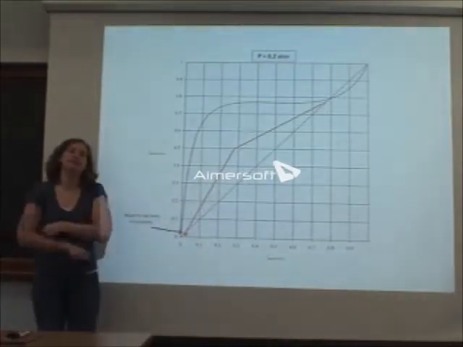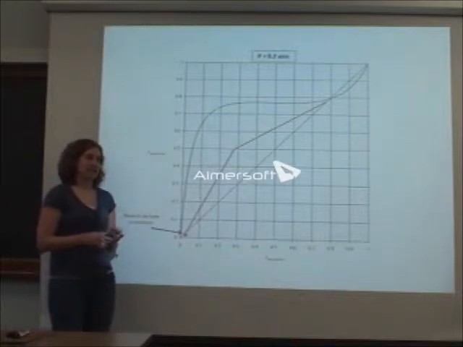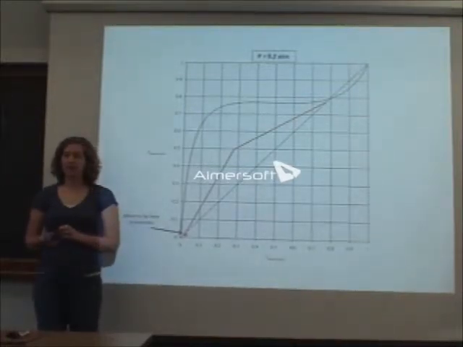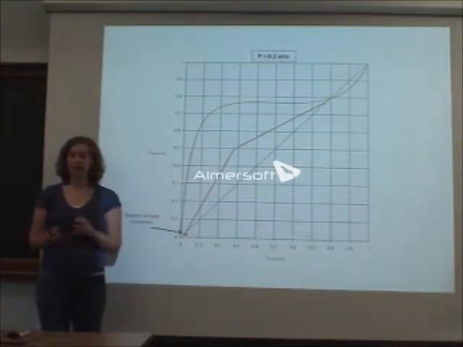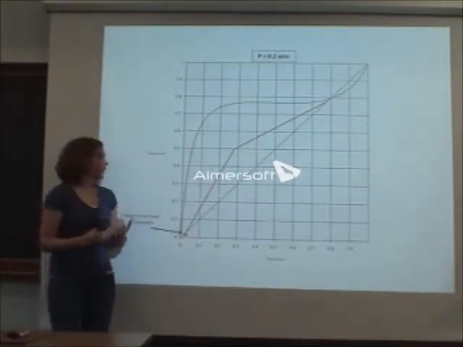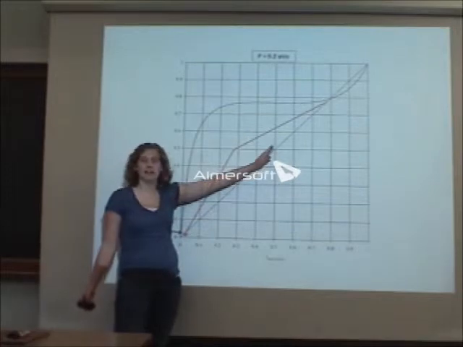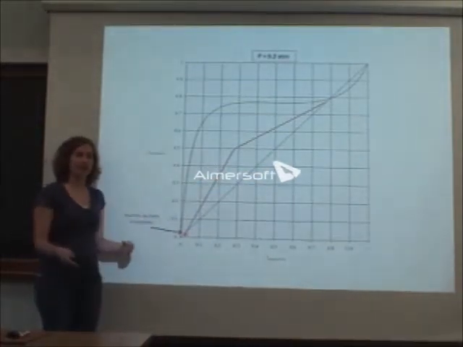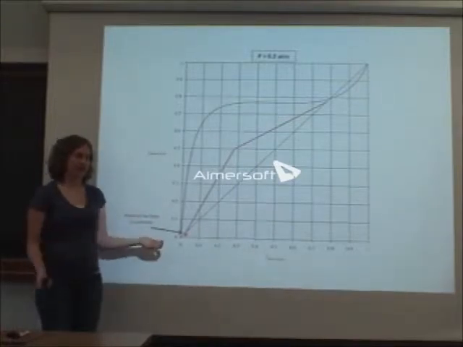What does our operating line signify? What is the slope of our operating line equal to? Our liquid over our vapor, right? So what's the slope of this line? 1. So that means that our liquid composition and our vapor composition in our stream are the same, right?